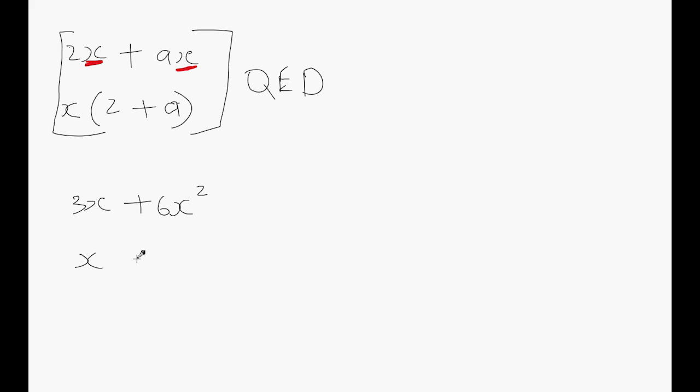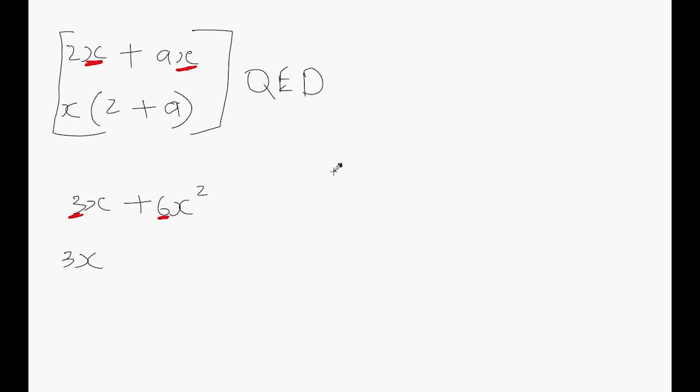So yes, we can write down the x, but we should also make note of the fact that we have a 3 here and a 6 there, and if you can recall from the first part of the video, 3 is a factor of 6, so of course a 3 is common to both of these terms, so we can write the 3 down there.